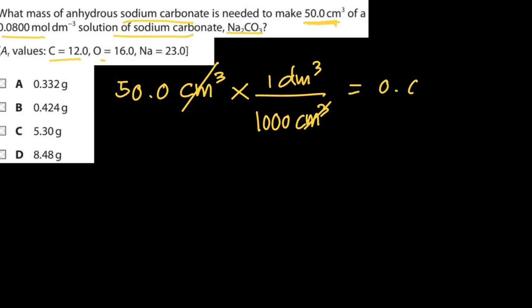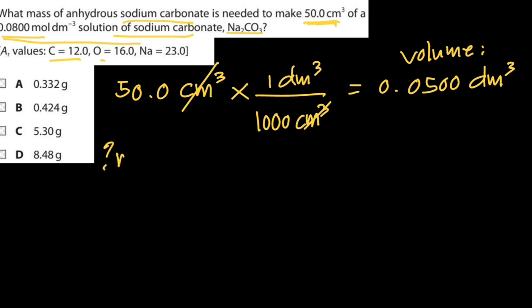That would give us 0.050 cubic decimeters. So this is now the volume of this solution in cubic decimeters. And now we solve for the number of moles of sodium carbonate, right?